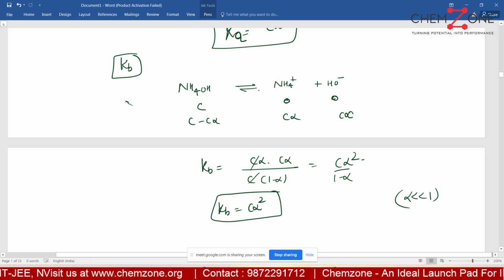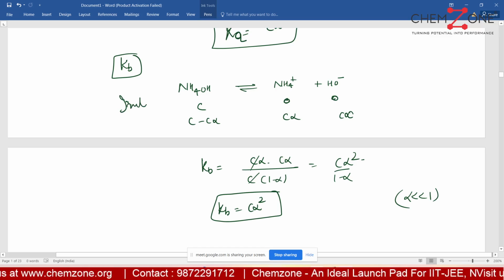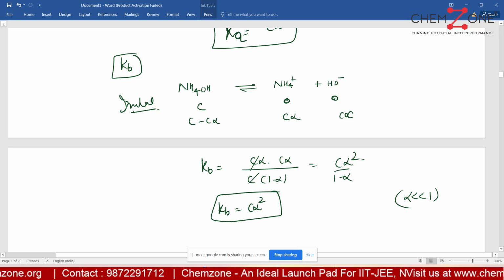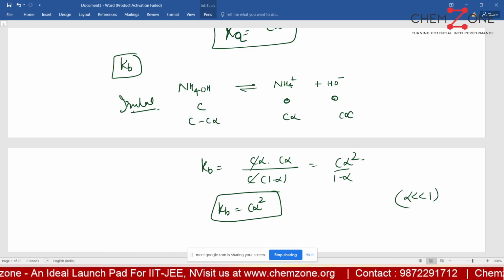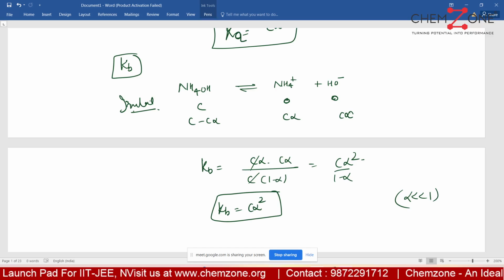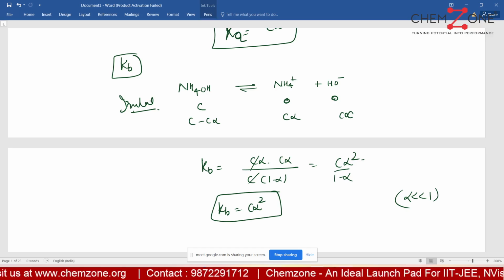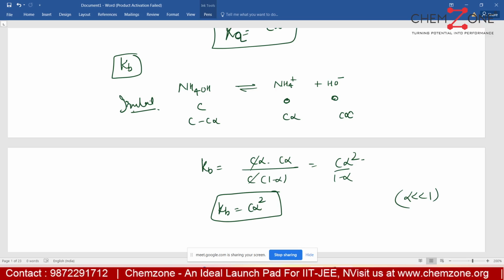It will be 0 only. Initial value means when ammonium hydroxide has not got dissociated. Okay, sir. So it cannot be any other value. So because alpha is less than 1, that's why Kb is equal to C alpha squared, right?